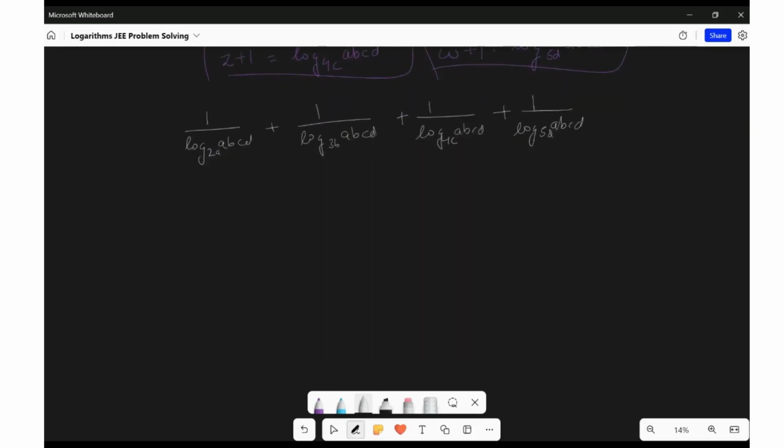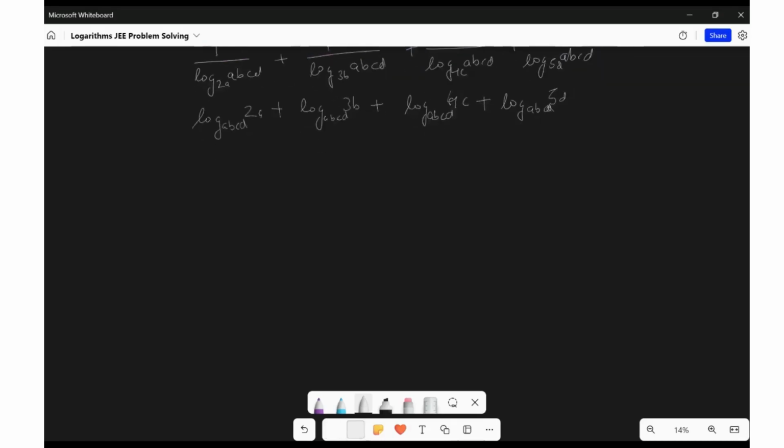Now using the base changing theorem, we can write log 2a base ABCD plus log 3b base ABCD plus log 4c base ABCD plus log 5d base ABCD.